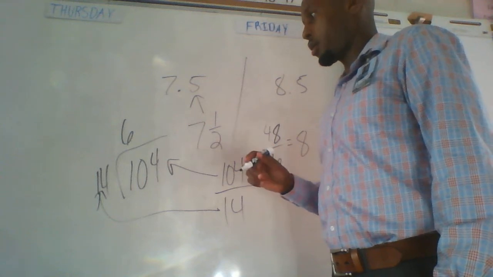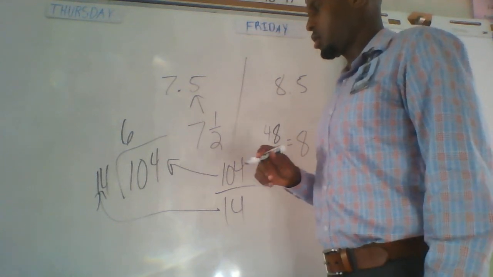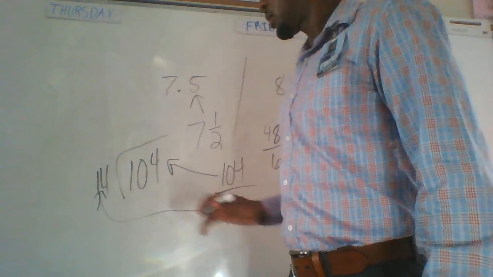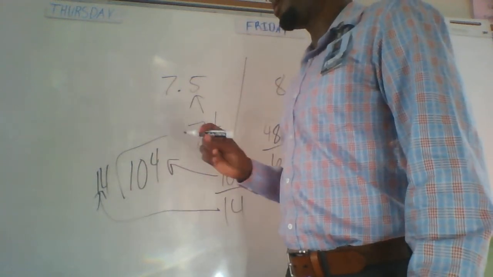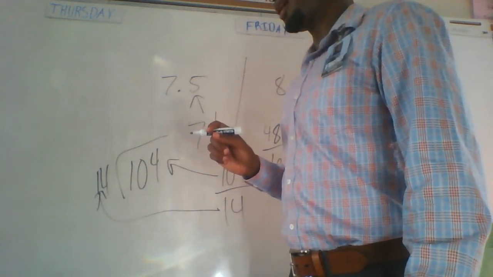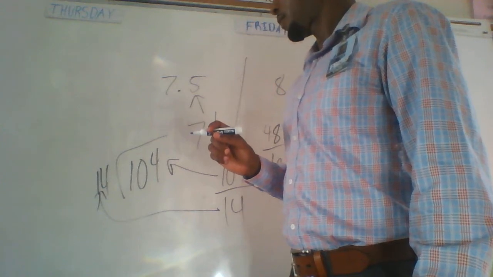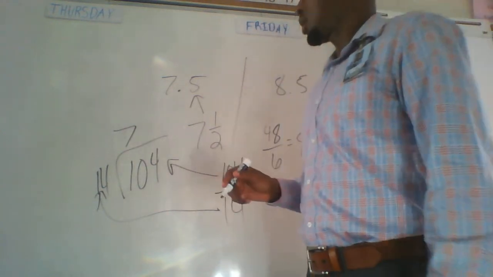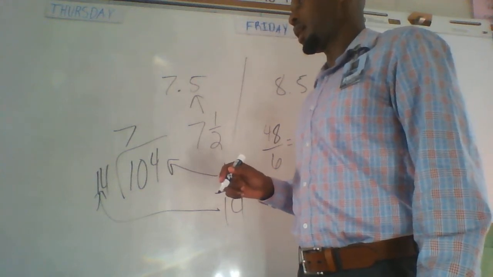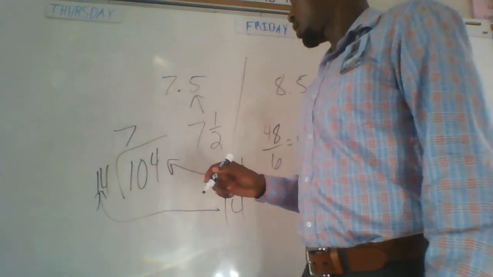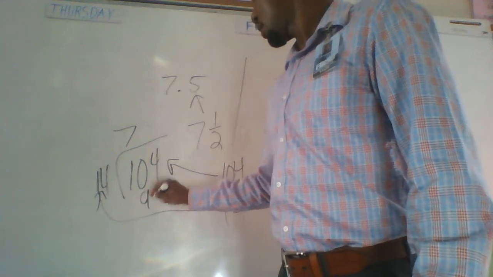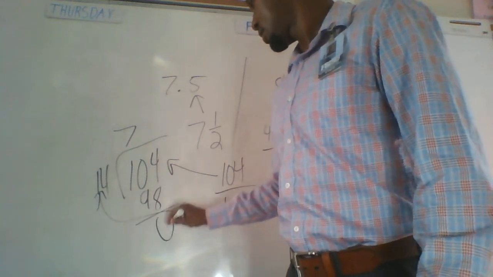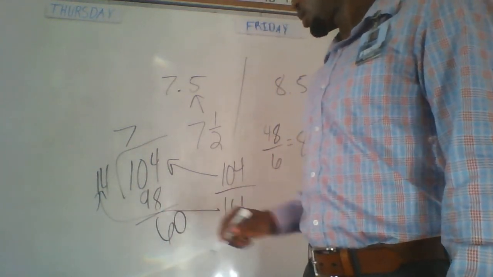Oh, no, wait a minute. Hold on. 7 times 4 is 28. So that's 70 plus 28, which is 98. Okay, 98, and then that's 6. Add your 0.